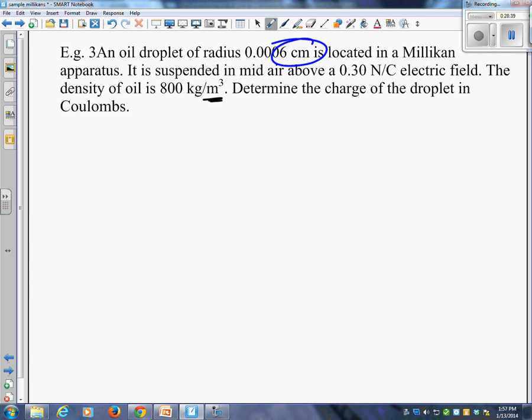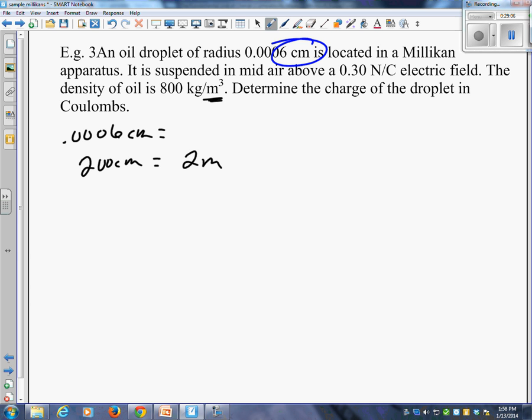Okay, first of all, we need to change 0.0006 centimeters into meters. How do you change it to meters? You do not times it. You divide it because the number has to get smaller, right? Like 200 centimeters would be 2 meters, would it not? Yeah. 200 centimeters is 2 meters, right?